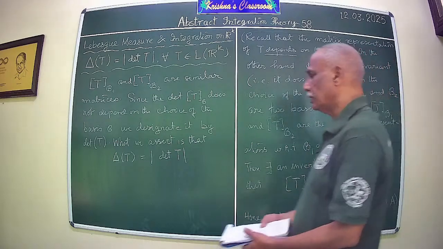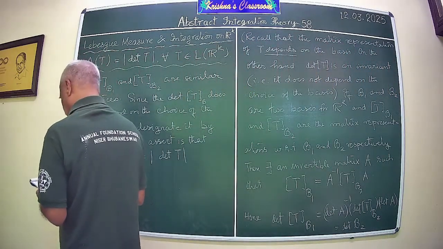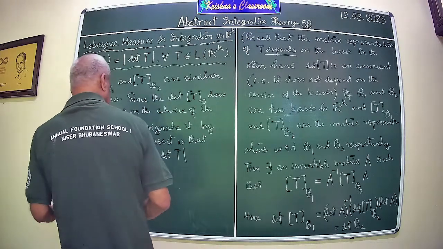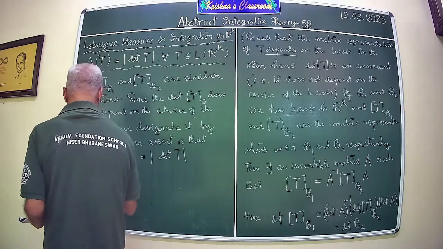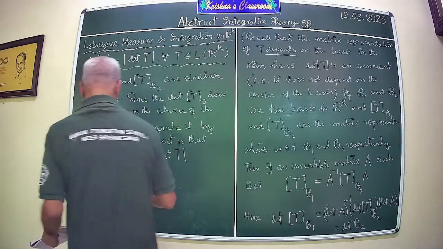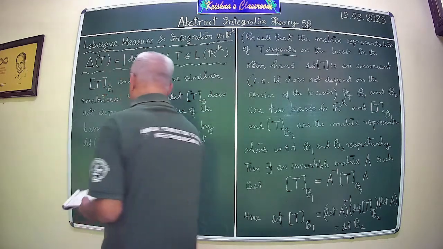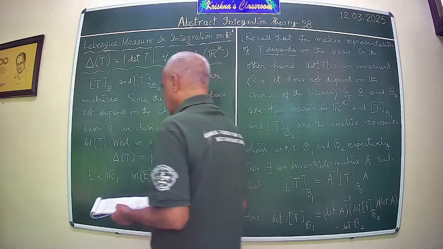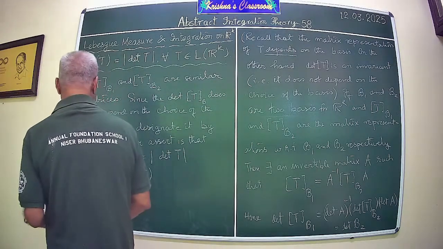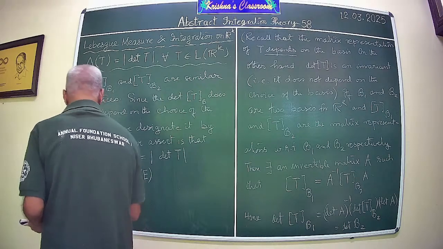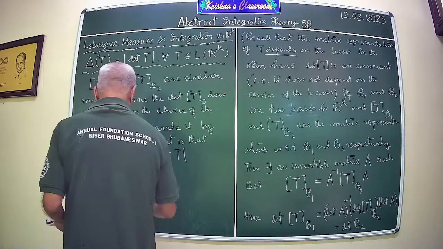See, you have E belonging to M, you have the Lebesgue measure of E. Then you take T(E), the image of E under T. This also belongs to M. And then you have the measure of T(E).